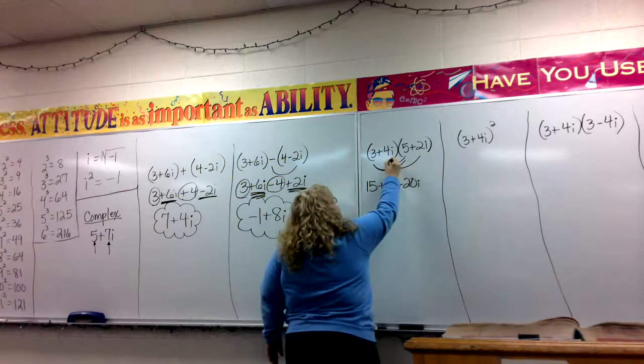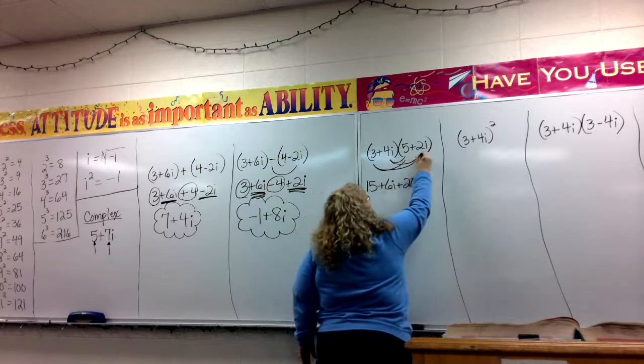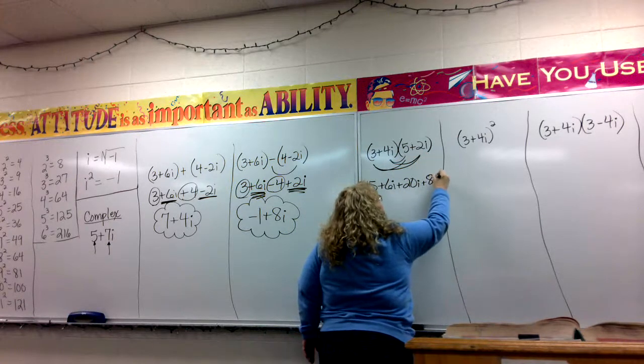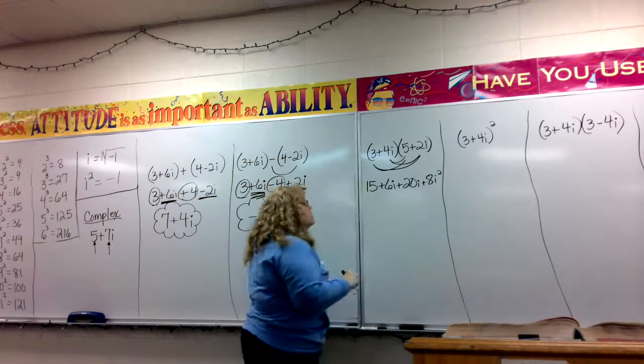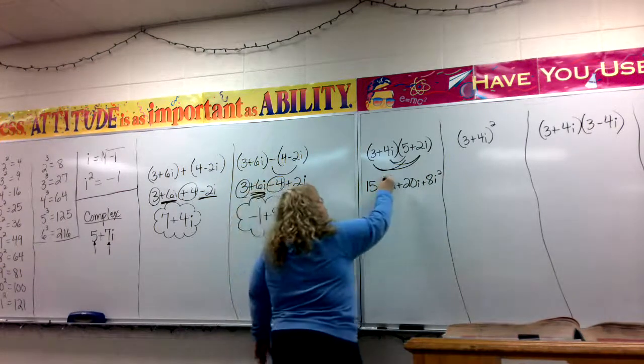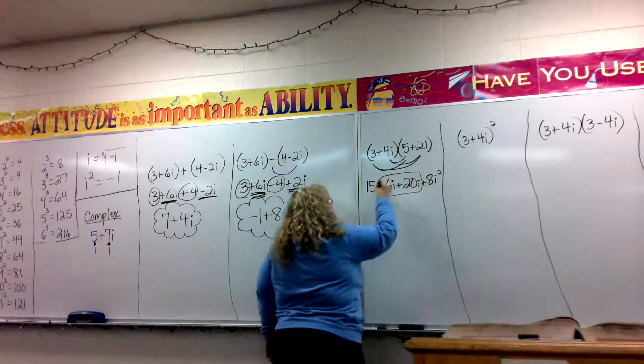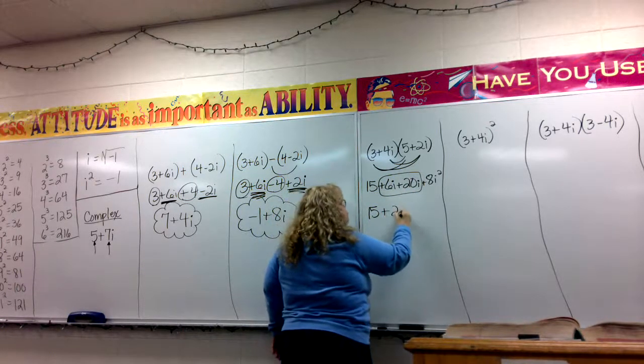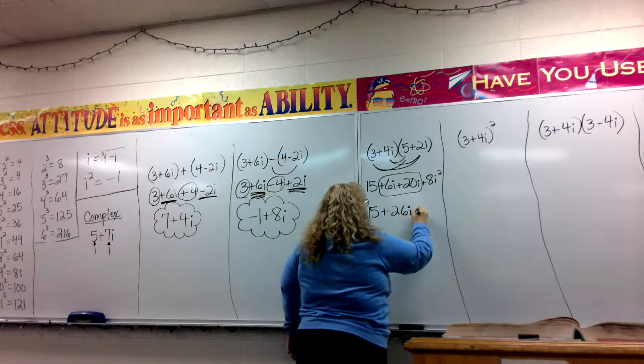Didn't leave much room. What's 4i times 2i? 8i squared. So I've got some like terms right there. 15 plus 26i.